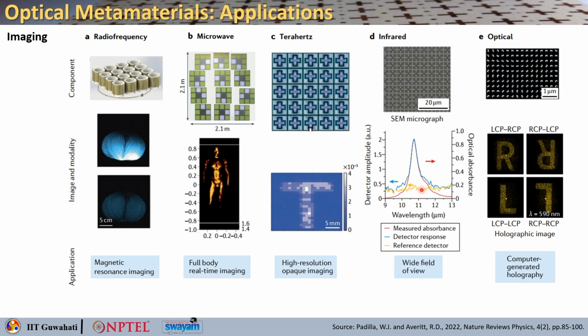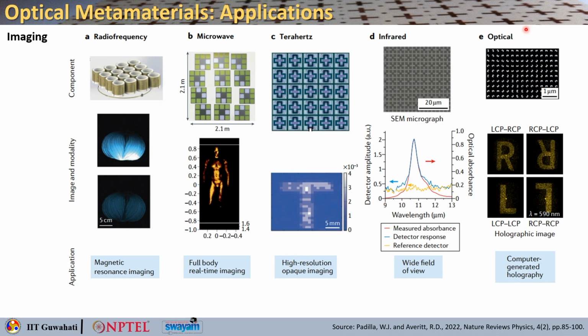And this lower panel here shows the enhanced detector response coincides with the enhanced metasurface absorption. So, with the metasurface you can have much better detection, and also you can get a wide field of view.